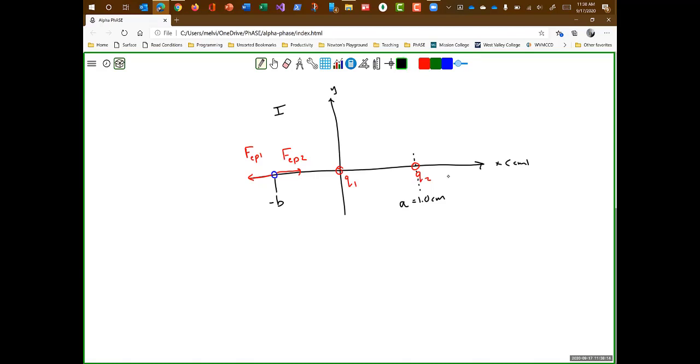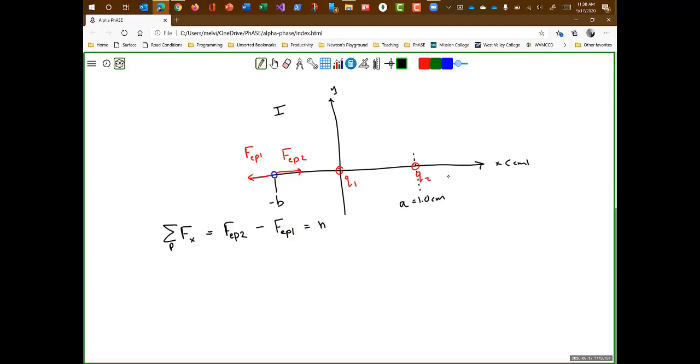We could write the sum of the forces in the x direction on the proton is equal to the Coulomb force on the proton from charge 2 minus the Coulomb force on the proton from charge 1. The reason why it's a minus is from my sketch. I'm using my sketch to tell me the signs that I need for my forces. So it's a minus because the force on the proton from charge 1 is pointing in the negative x direction.